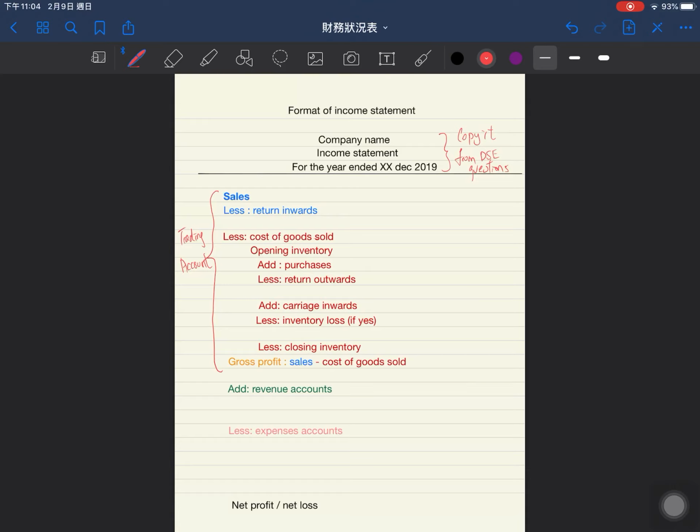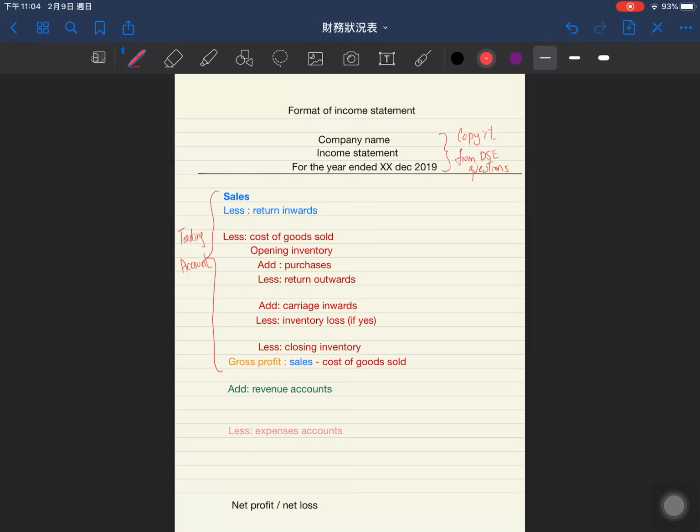And we add purchases, that means the goods we purchase from our suppliers in that accounting year. And return outwards, that means we return the goods bought from suppliers to the suppliers. And add carriage inwards, that means the transportation cost for purchasing goods.